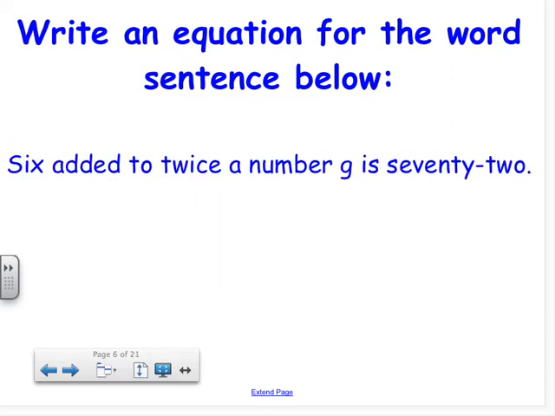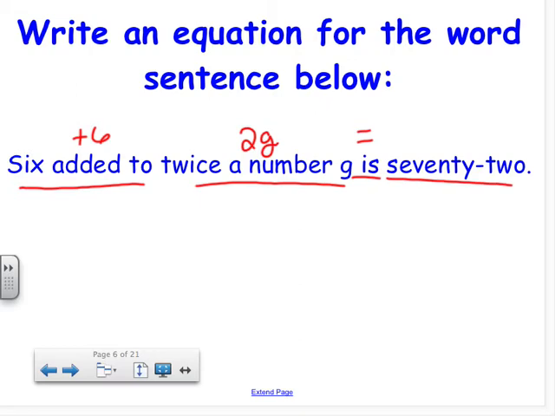All right, now let's do this one together. 6 added to twice the number g is 72. Actually, pause it first and press play when you're ready, then we'll do it together. Okay, so 6 added to twice the number g is 72. So 6 added to, that's going to be plus 6, twice the number g, 2g, is 72.